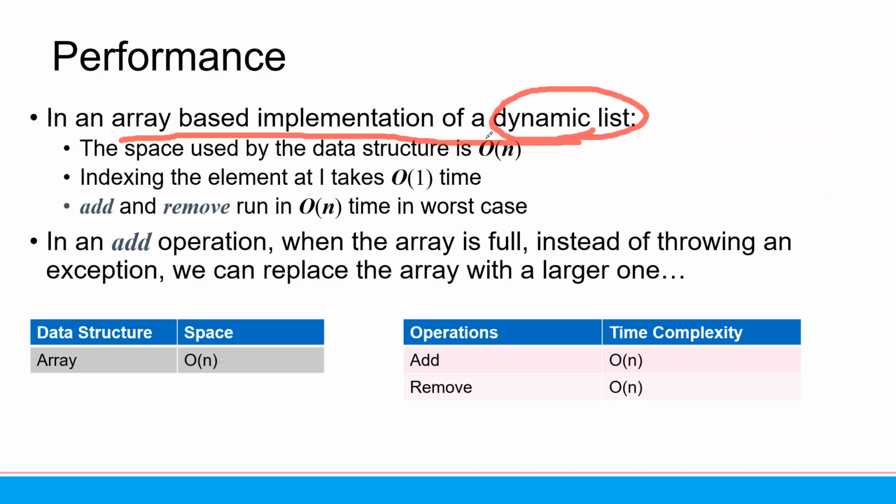In array-based implementation, you can look at the space. What is the space? It means the number of places that you need to save the elements. If we have n elements, of course, the space or the number of storage that we need is also n.